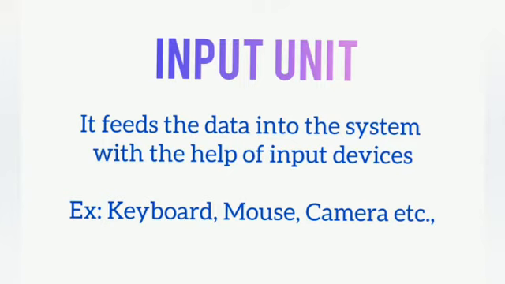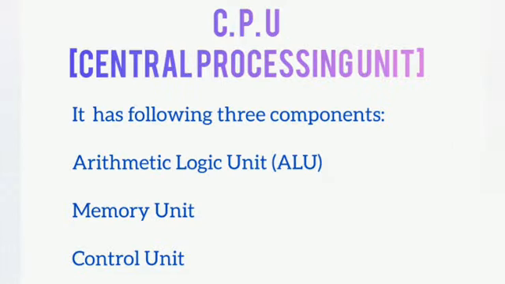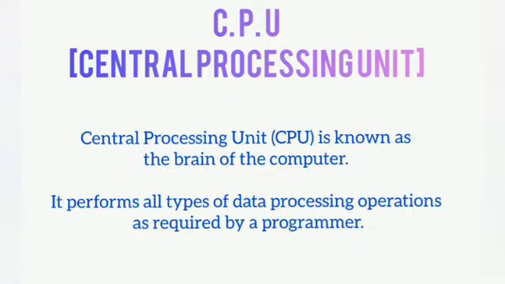Coming to the second unit, that is the CPU. The full form of CPU is Central Processing Unit. It is the main part of a computer system, like the heart of a human being. Most computers are identified by the type of CPU present in them.